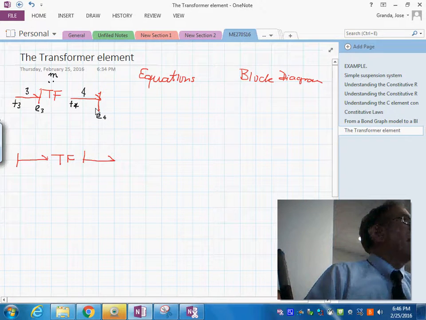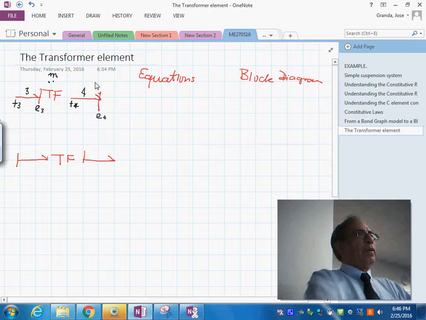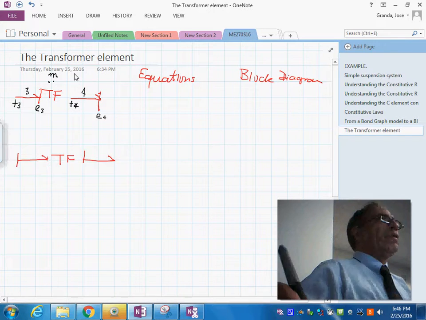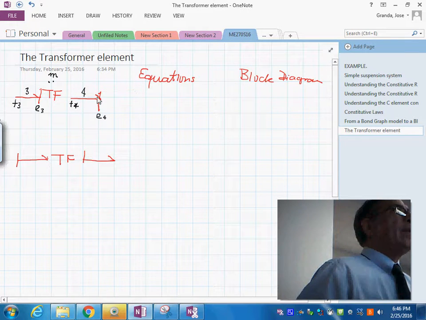Now, what am I saying? It's E3 times M is E4. So that's what we need to write down. See, the input times M equals E4. So we have that E sub 3 times M is equal to E sub 4.